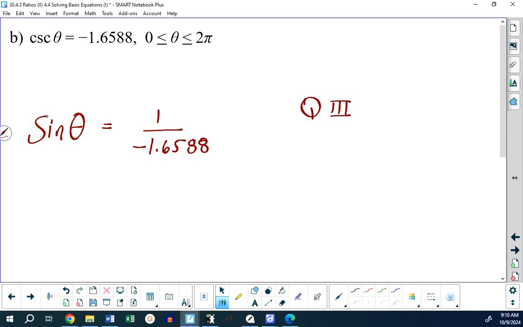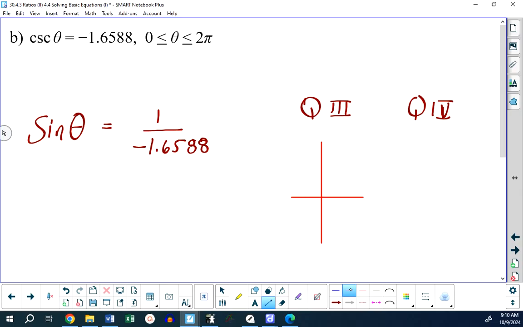What that means, everybody, is in a minute, once we know the reference angle, we're going to be drawing a terminal arm in quadrant 3 with that reference angle that we don't know yet, and a terminal arm in quadrant 4 with that reference angle that we don't know yet.